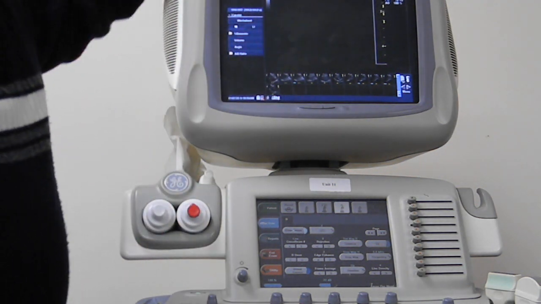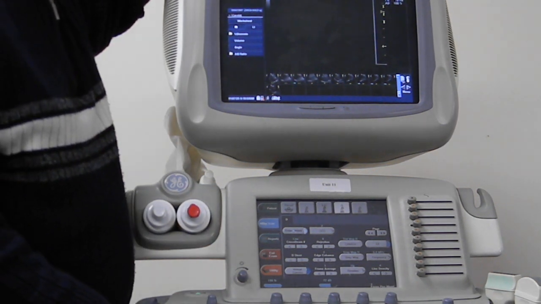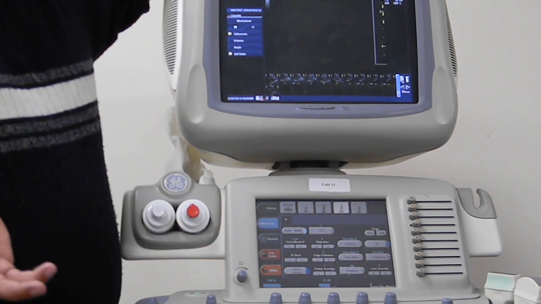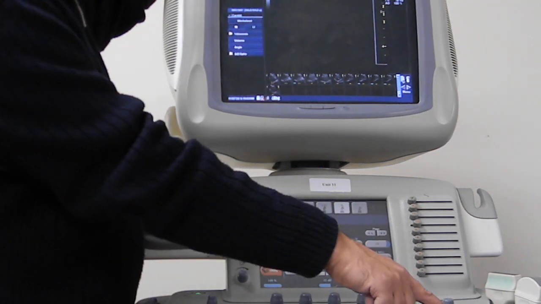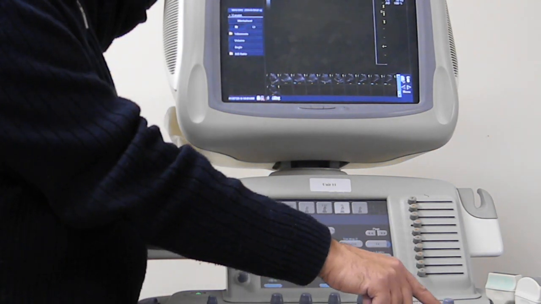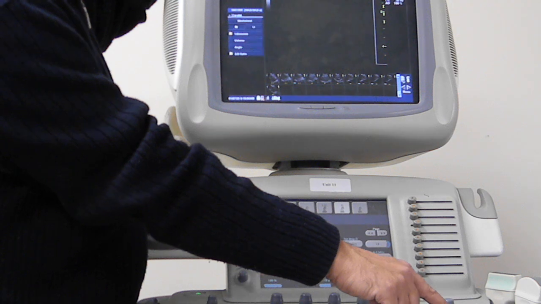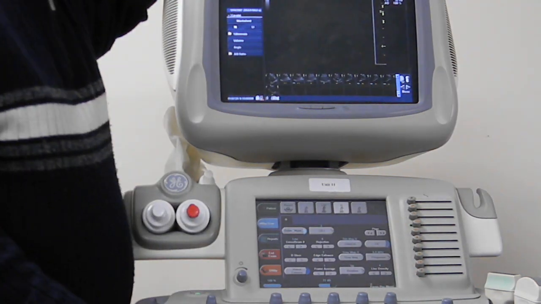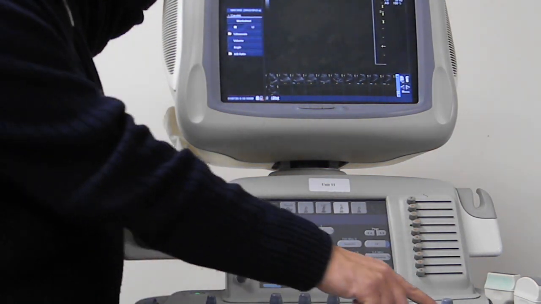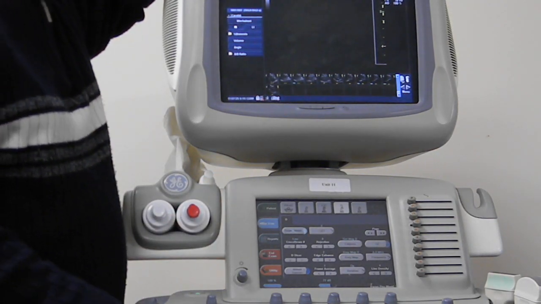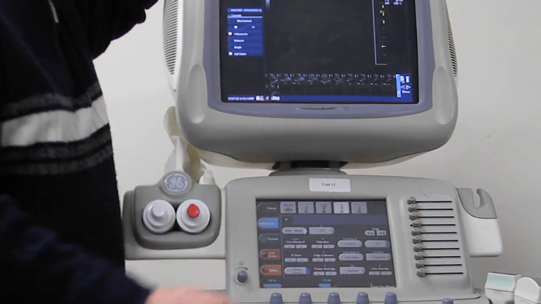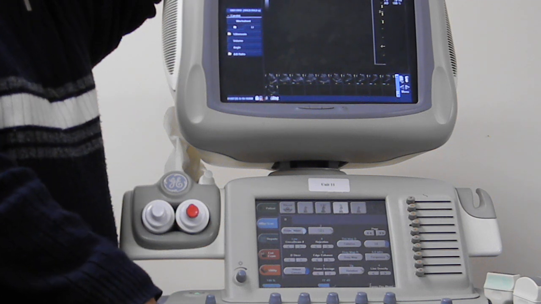Okay, so I told you guys yesterday, B mode is our basic mode, and that's this one here. If you look closer, you may see that yes, it's on because it's a green light. The other functions here are off.